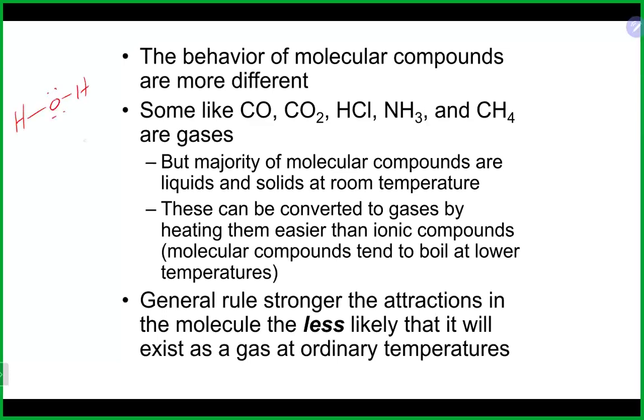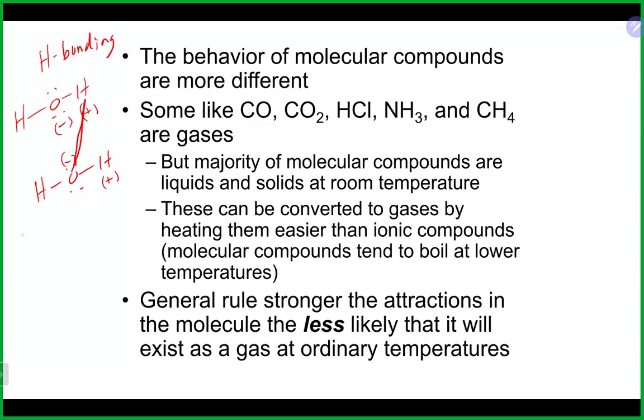Water is a polar compound where oxygen is more negative, hydrogen is more positive. And when water molecules get together, they're held together by opposite attraction between water molecules. The negative side of one is attracted to the positive side of another. That is what is known in the case of water as hydrogen bonding happening.